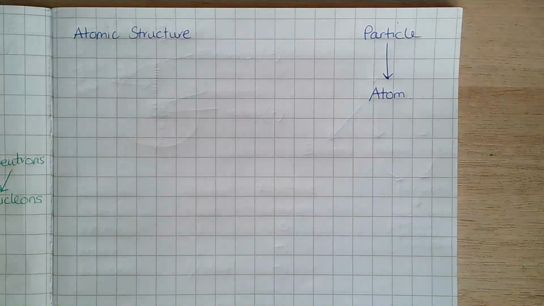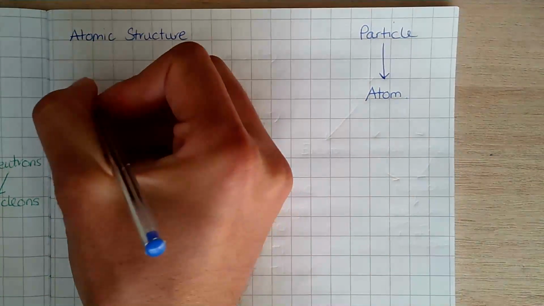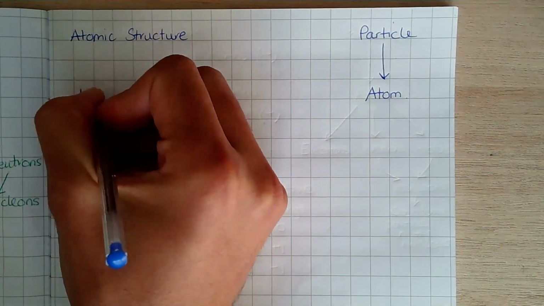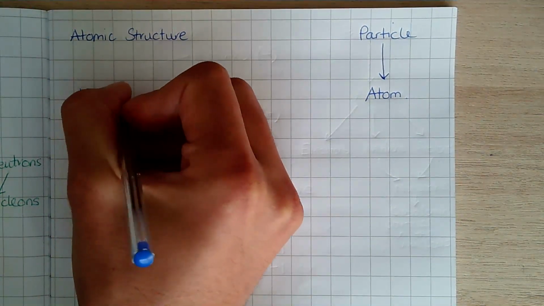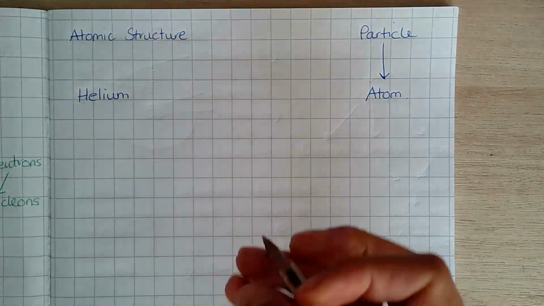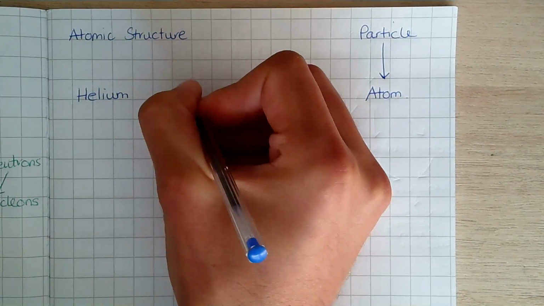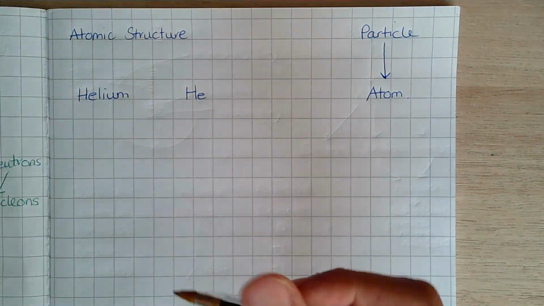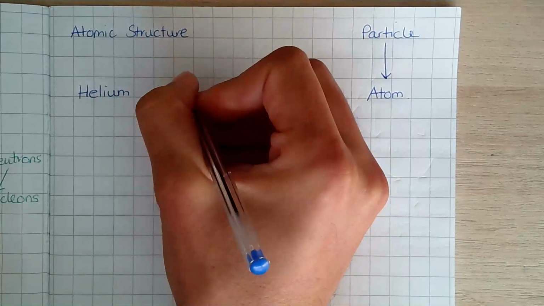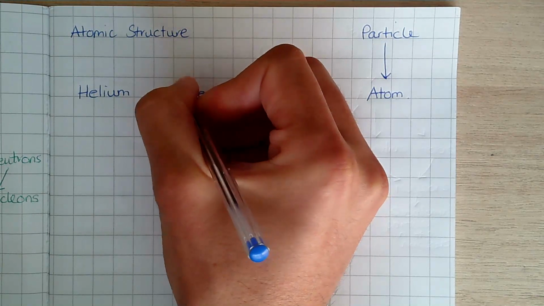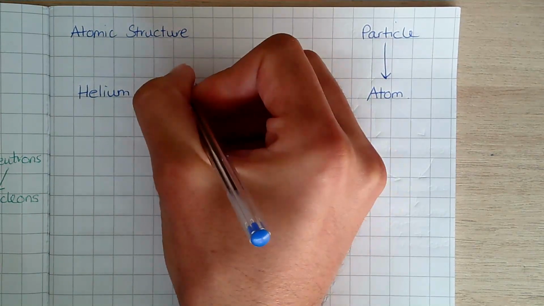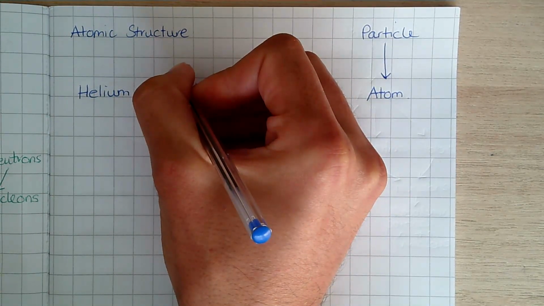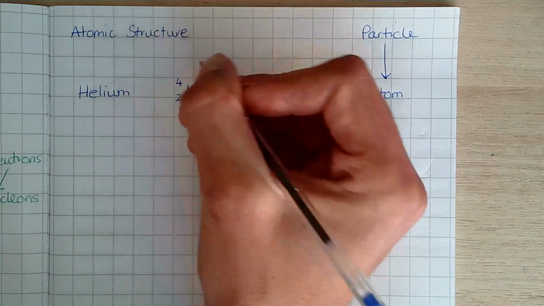So every element in the periodic table consists of its own atom. We're going to use the atom of helium as an example. If we look at the periodic table, helium has the chemical symbol H lowercase e. It also has an atomic number of 2 and a mass number of 4.